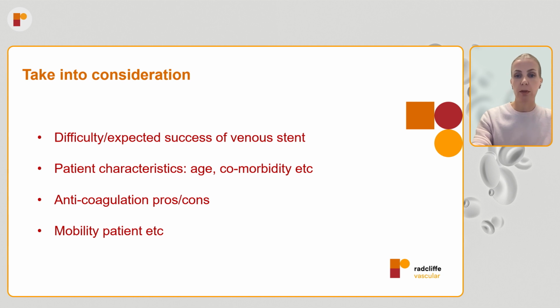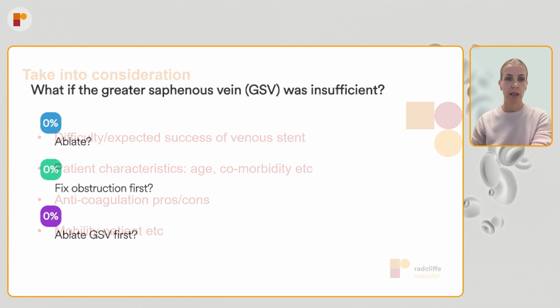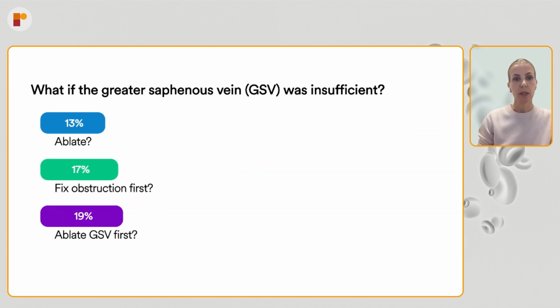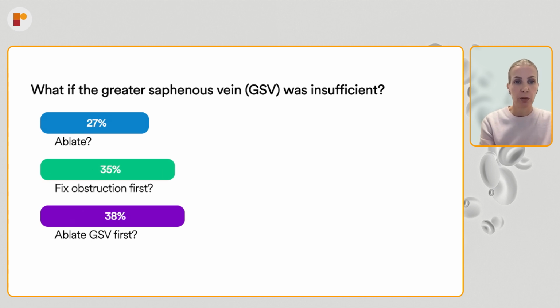Let's see if we have the results from the poll back in this patient. If she also had a GSV which was insufficient, it's sort of 30% all the way, so only 30% say ablate it.